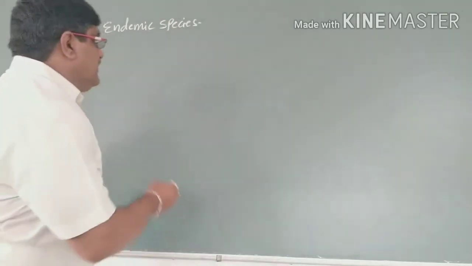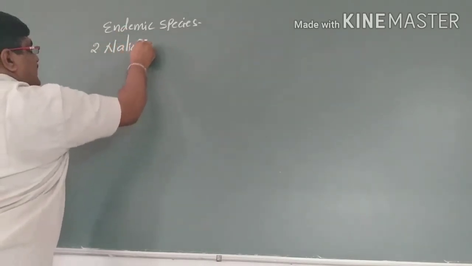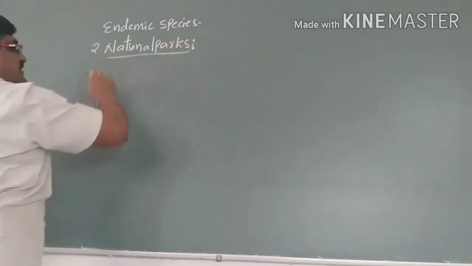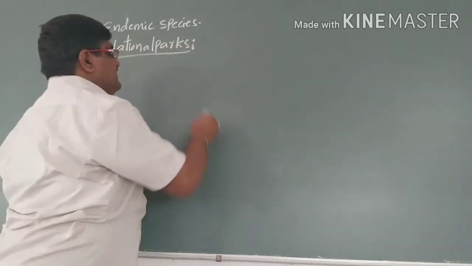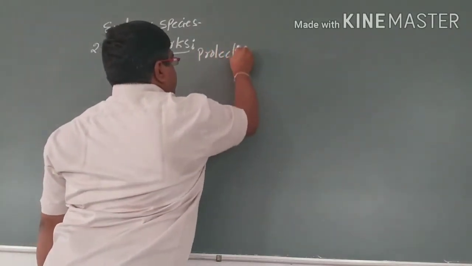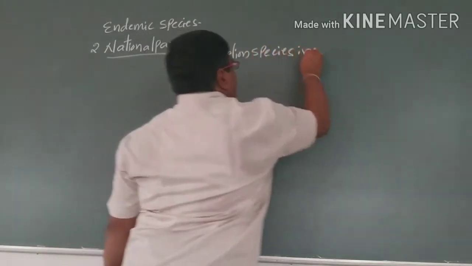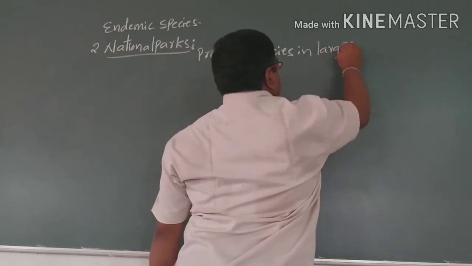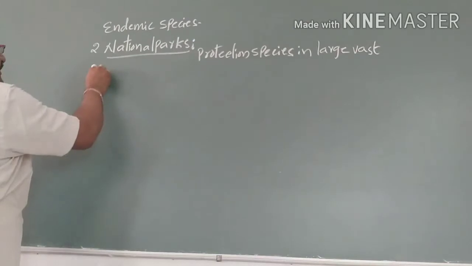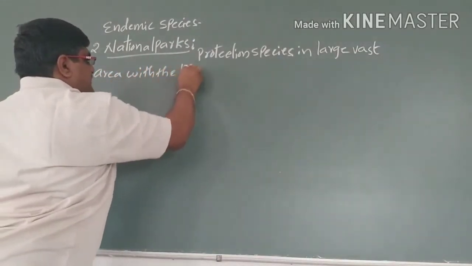And coming to the second one, the national parks. Here the national parks are protected, large vast areas. They protect species in large vast areas within the habitat.